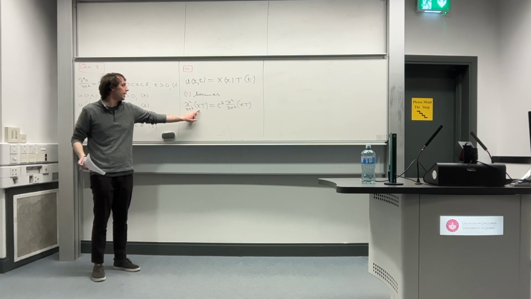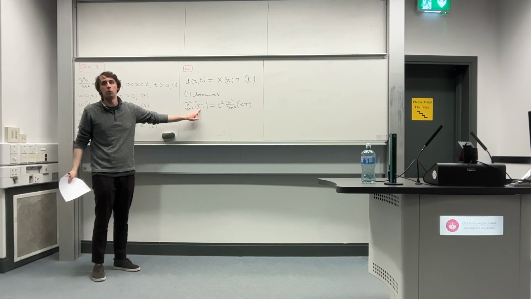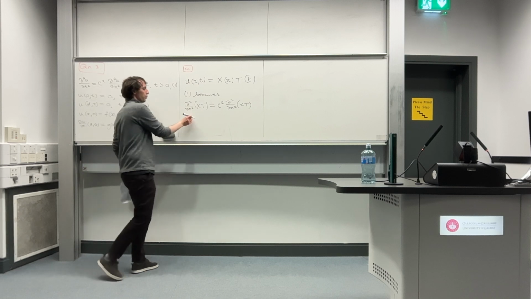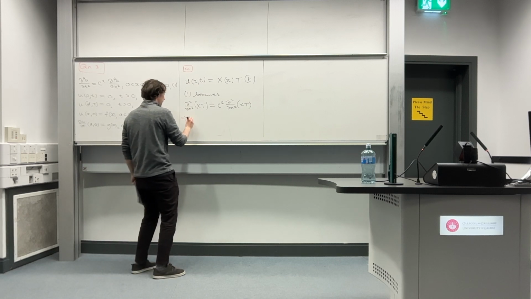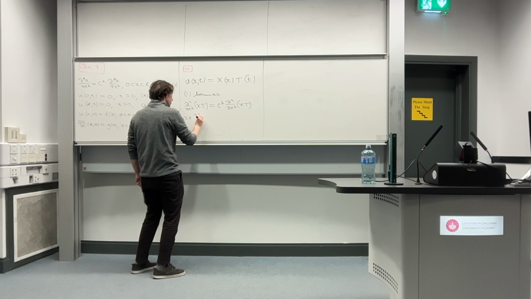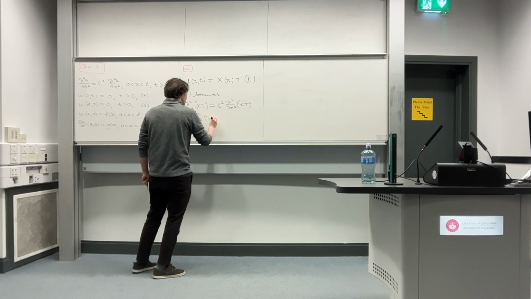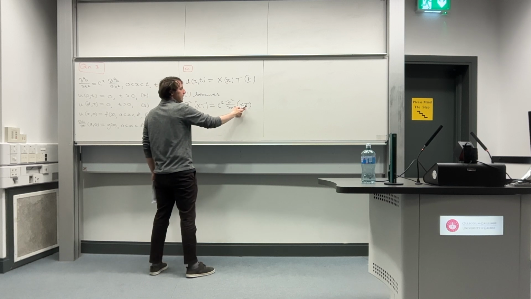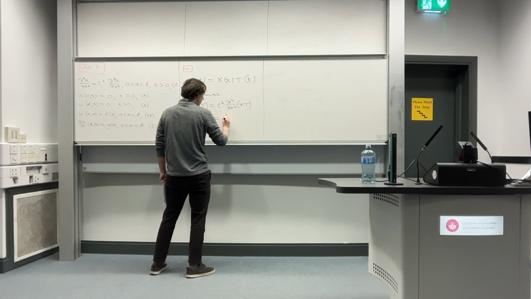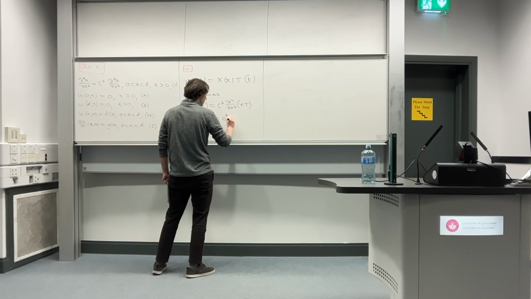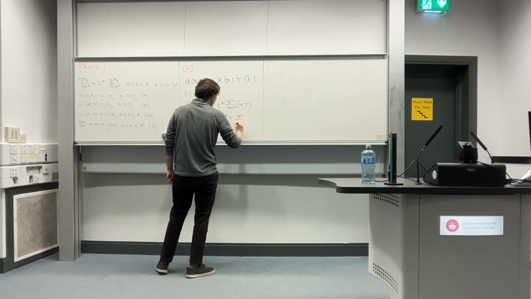On the left hand side, X is a function of x only, so we can pull it outside the partial derivative with respect to t. So the left hand side becomes X times d2T/dt squared. Similarly, we can pull the T outside the x derivative, so the right hand side becomes c squared T times d2X/dx squared.